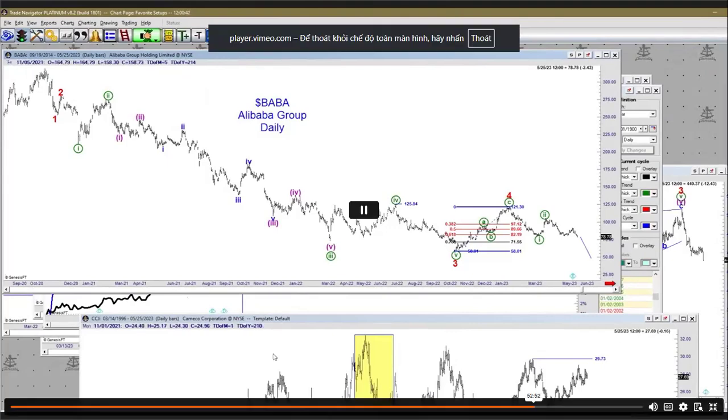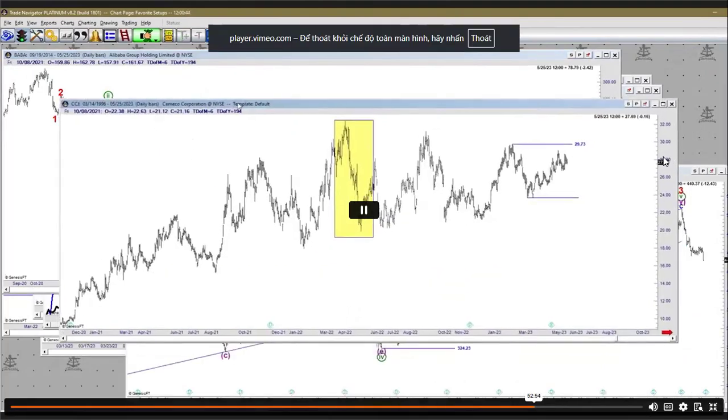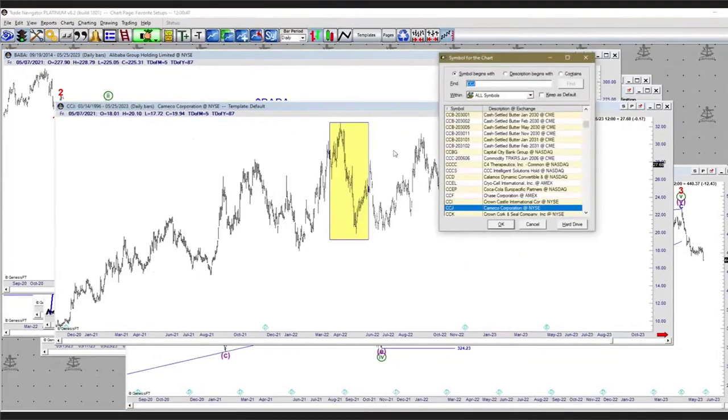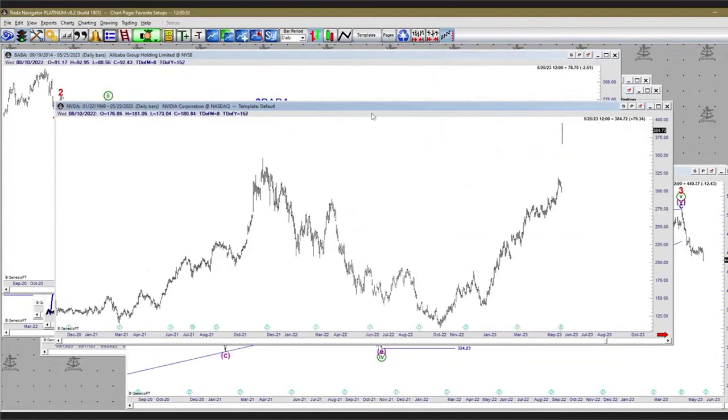NVIDIA, yeah, it's kind of historic. I think I heard today that it was the biggest dollar increase ever in history, however many billions of dollars this represents.